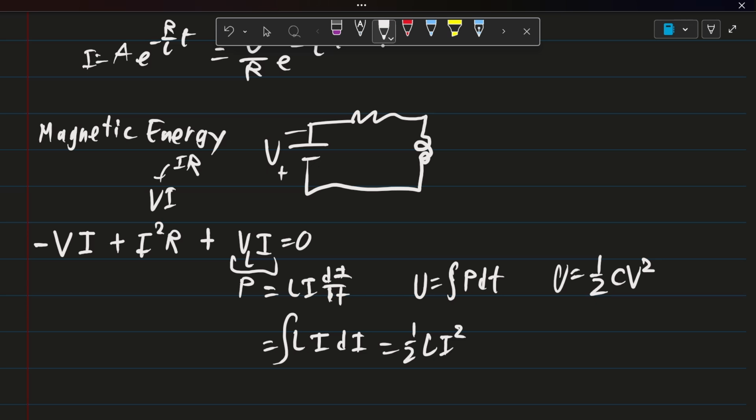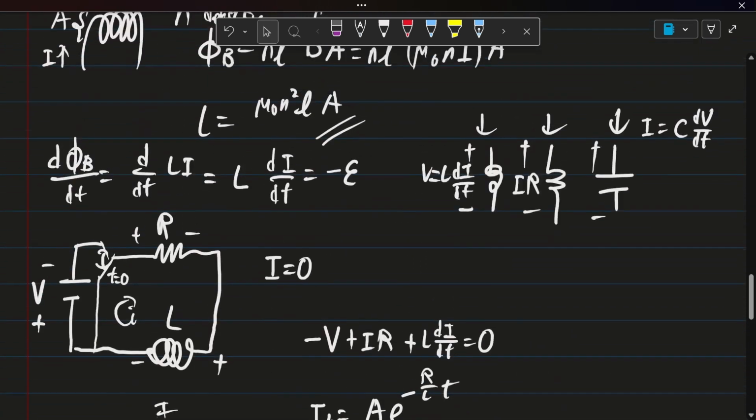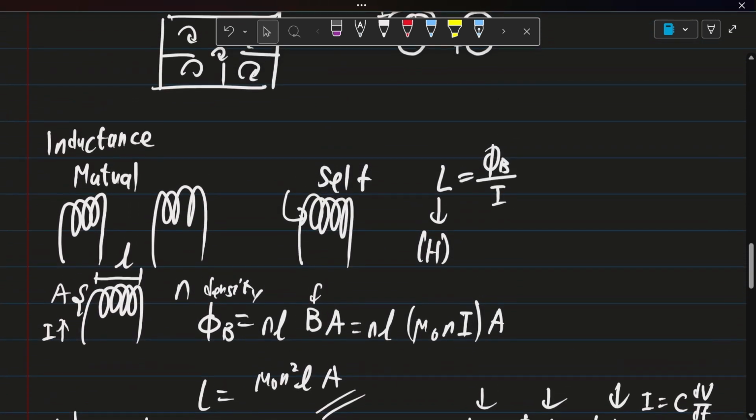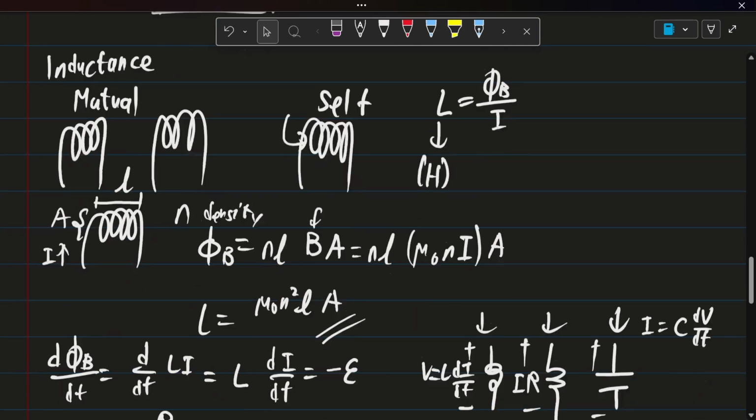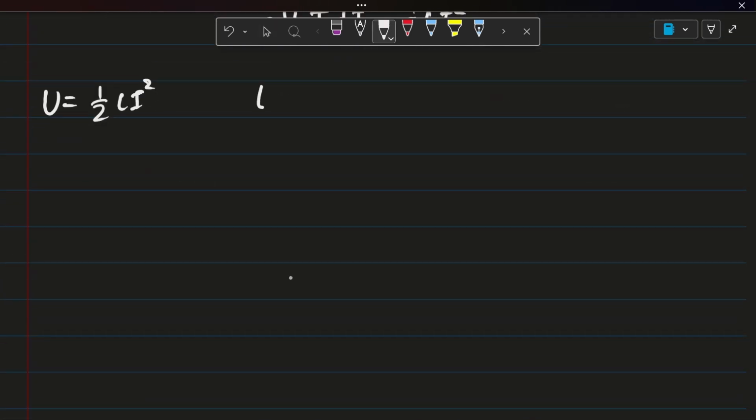And we could actually bring this into a much more general case. So the U in here, which is half L i squared, if we use the definition of the inductor previously, we know the self-inductance of a coil is mu 0 n squared L a. So L is mu 0 n squared L a.